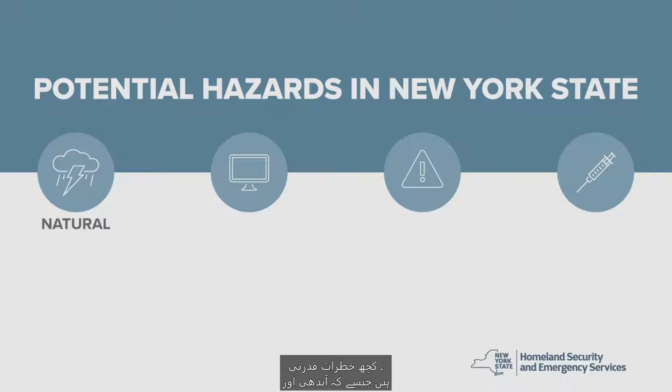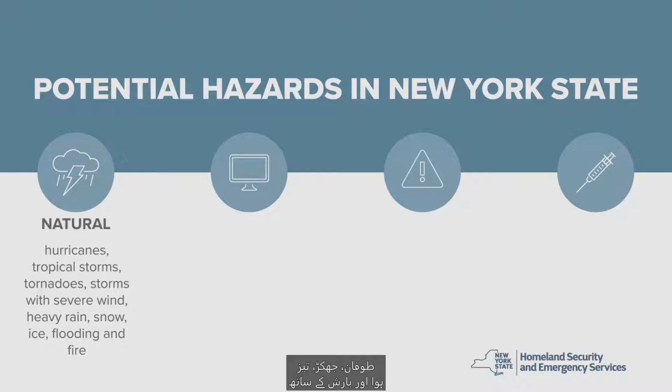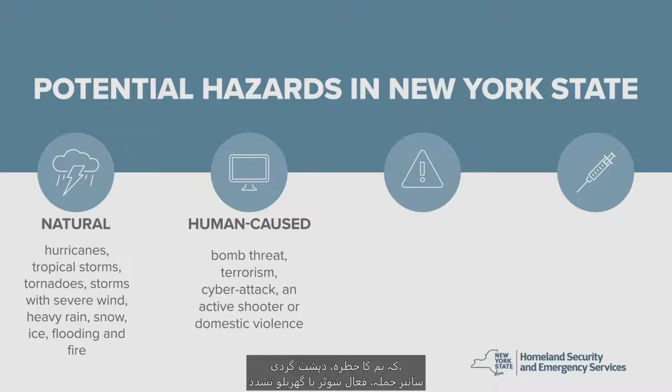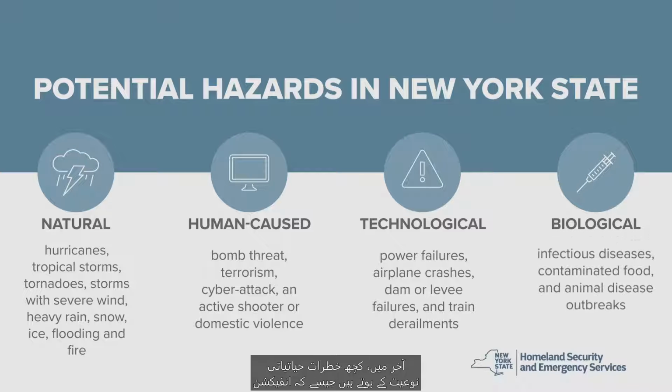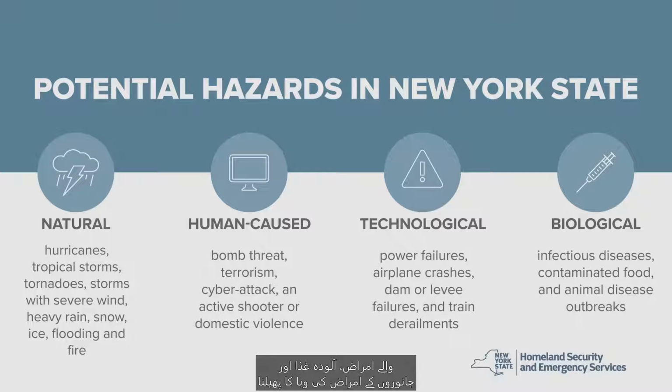There are natural hazards, such as hurricanes and tropical storms, tornadoes, storms with severe wind and heavy rain, snow and ice, flooding and fire; human-caused hazards such as a bomb threat, terrorism, cyber attack, an active shooter, or domestic violence. There are also technological hazards such as power failures, airplane crashes, dam or levee failures, and train derailments. Finally, there are biological hazards such as infectious diseases, contaminated food, and animal disease outbreaks.